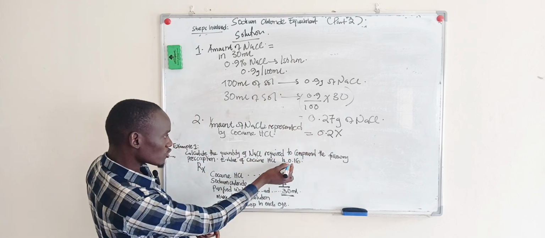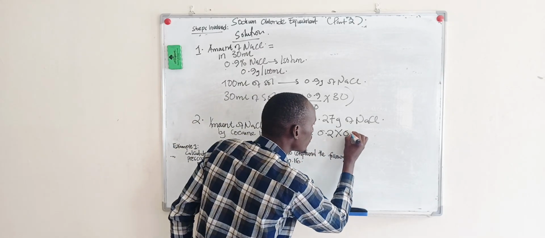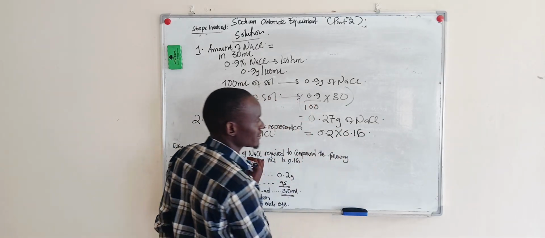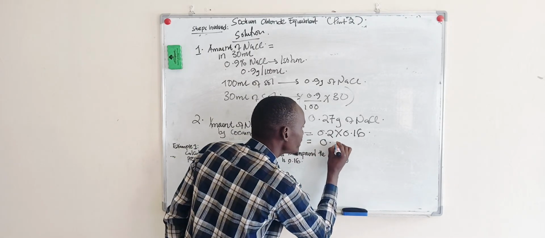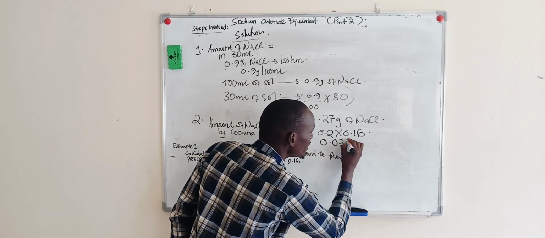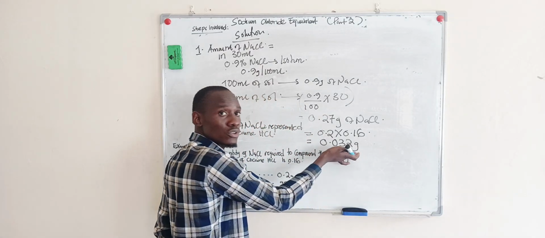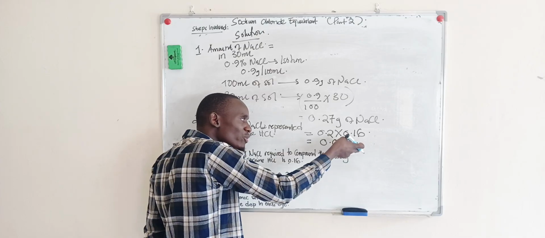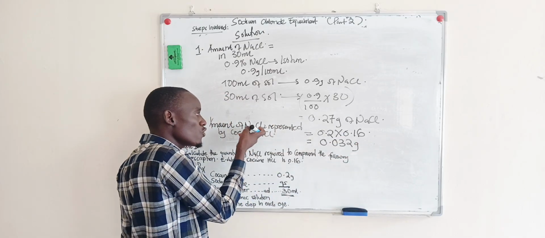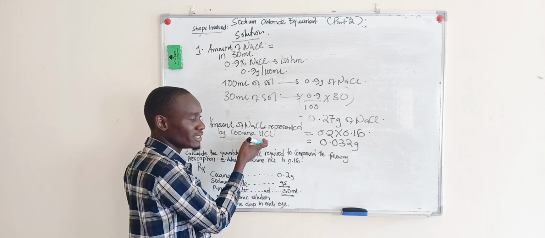They have given us the sodium chloride equivalent of cocaine hydrochloride as 0.16. And when you multiply this, we shall get 0.032 grams of sodium chloride. So, this is the sodium chloride represented by cocaine hydrochloride.